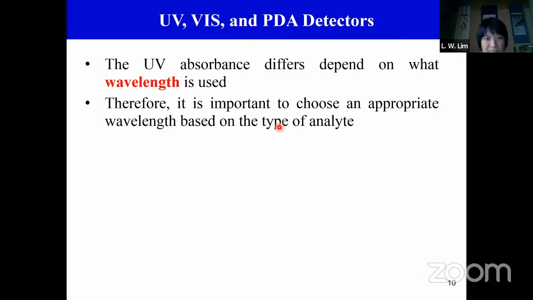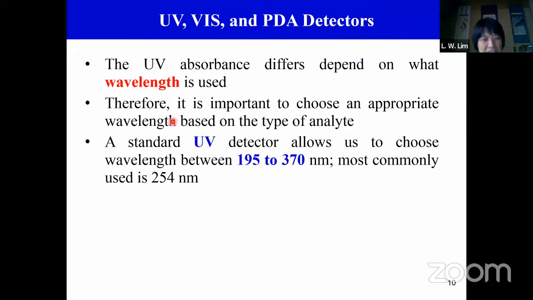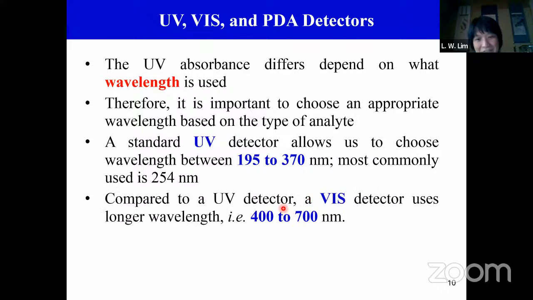For the standard UV detector, it allows us to choose the wavelength between 195 and 370 nanometers, but the most commonly used is 254. For visible, which is a bit higher than the UV, it is usually between 400 and 700 nanometers.